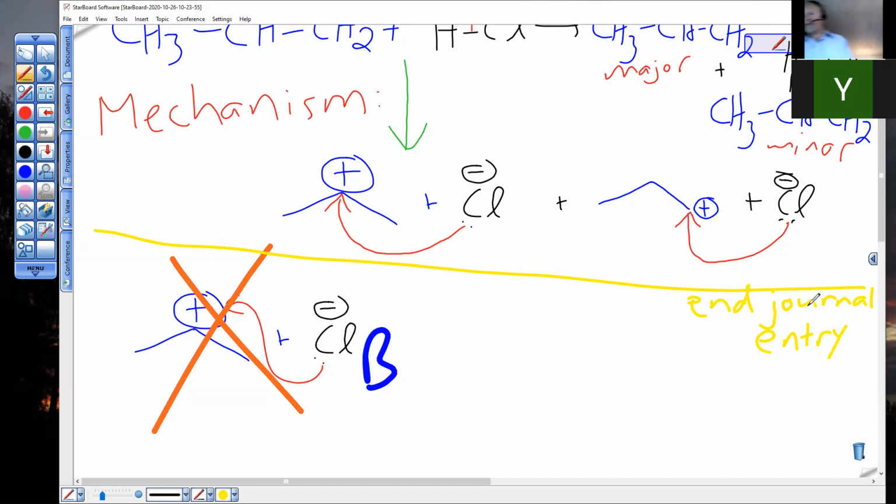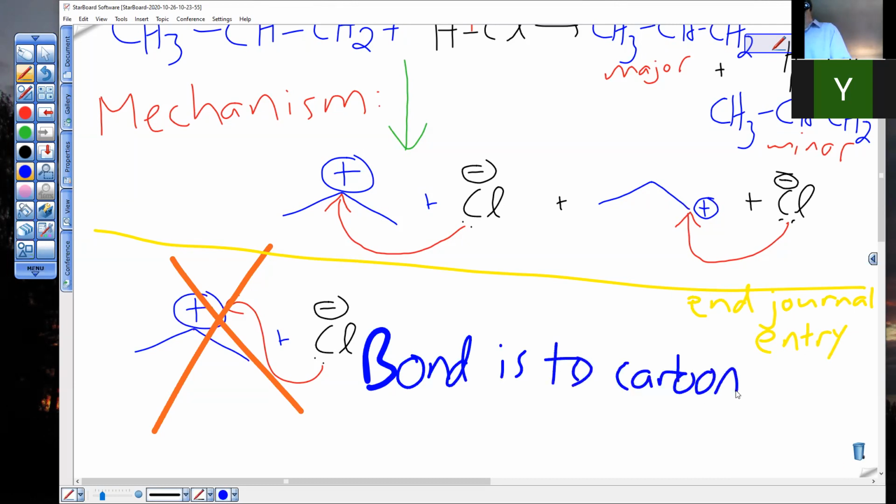So you're saying, I don't see the difference between this and this. Well, I'll tell you the difference. The bond is to carbon, not to a plus. Remember, a plus is just a charge. It's not even a thing.